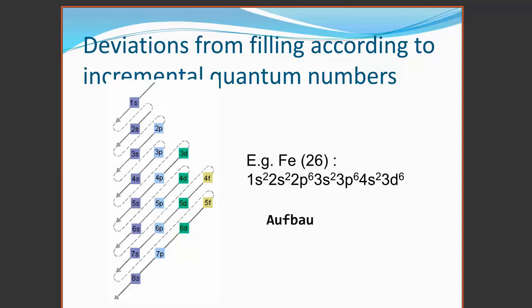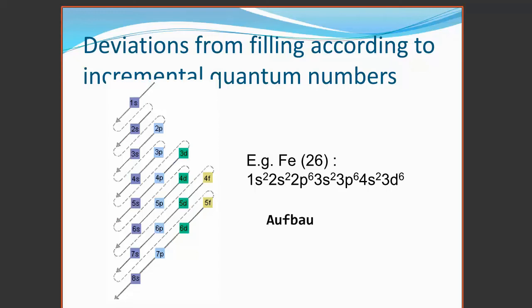Iron has 26 electrons. Let's see how these are accommodated by the different shells and subshells. The lowest energy shell is the 1s, which can accommodate 2 electrons. The next lowest is 2s, which can accommodate another 2. Then, following the diagram, we have the 2p. So far we have accommodated 10 electrons. We keep going, 3s, 3p, and 4s.